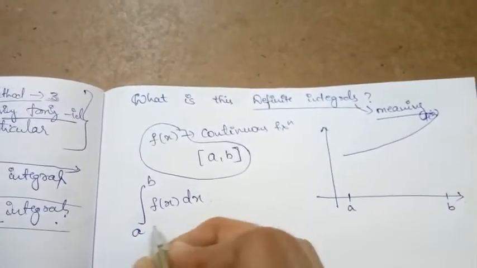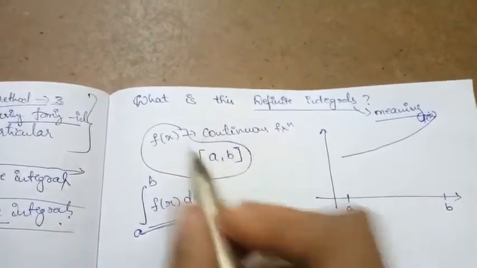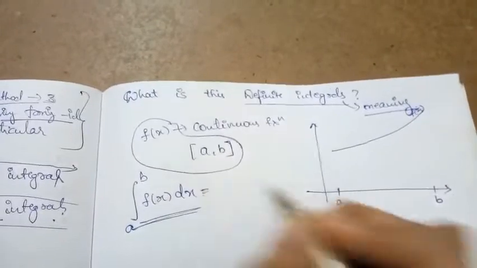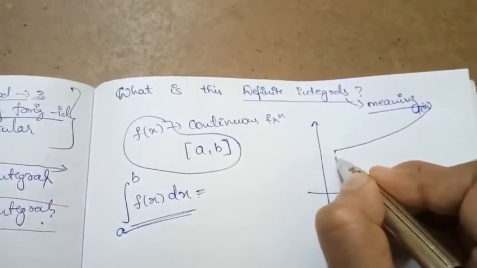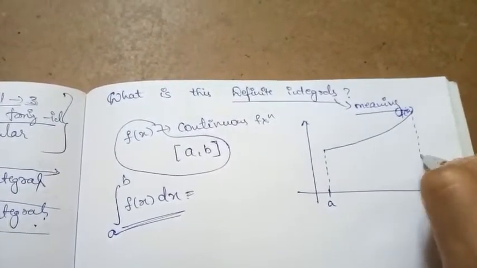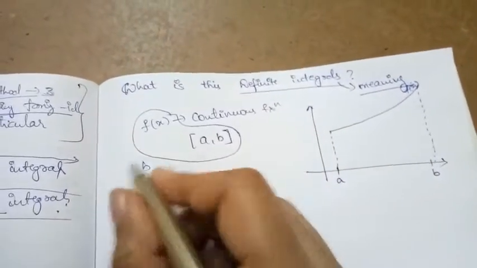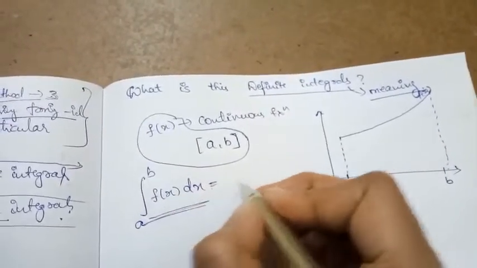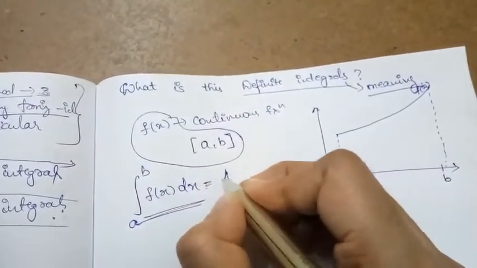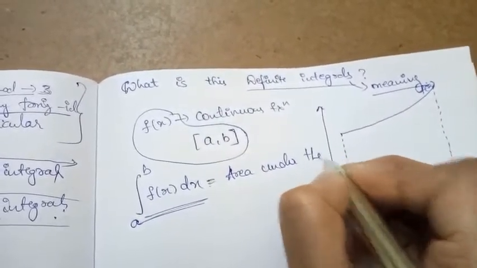The definite integral of the function f(x) upon the closed interval [a, b], if I extend it like this for our extreme points x = a to x = b, is nothing but the area under the curve.